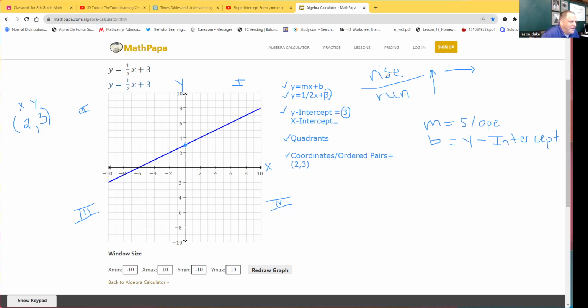Let's look. Our rise is 1, so we're starting from that 3 intercept right here. We're going to rise up 1 because that's what it says right here. Rise up 1 and go over 2 and see if it falls on our line. 1, 2, yes, and dot. There we go. It fell right on our line.